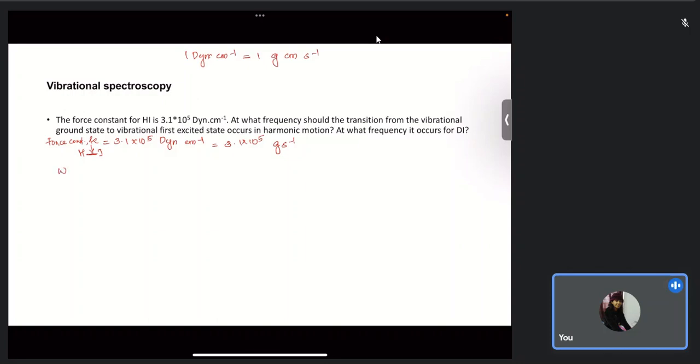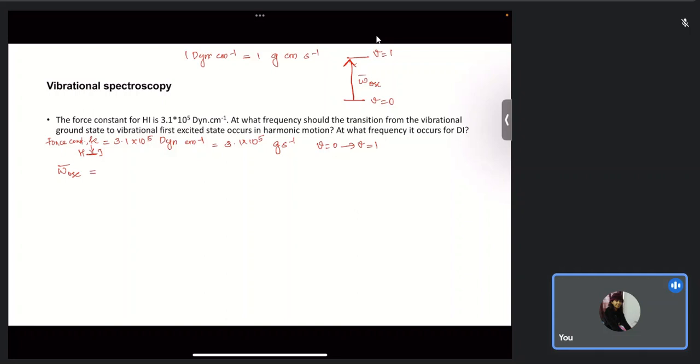So we know that the frequency of transition from the ground state V is equal to 0 to V is equal to 1, the energy gap between them, from the ground state to the excited state, is what we have been asked today.